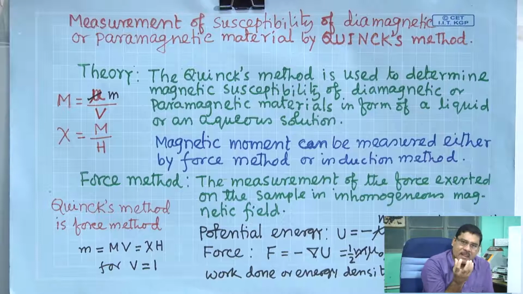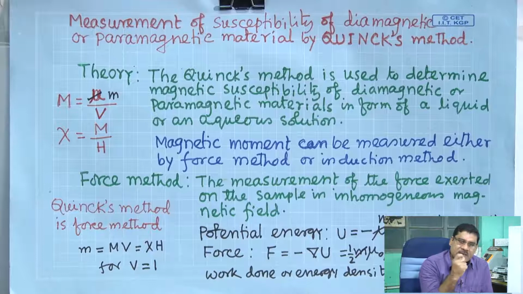Magnetic material has atoms, and each atom has a magnetic dipole moment. If it is a diamagnetic material, there is no net magnetic moment of the atom, but in the presence of a magnetic field there will be an induced moment in the atom.